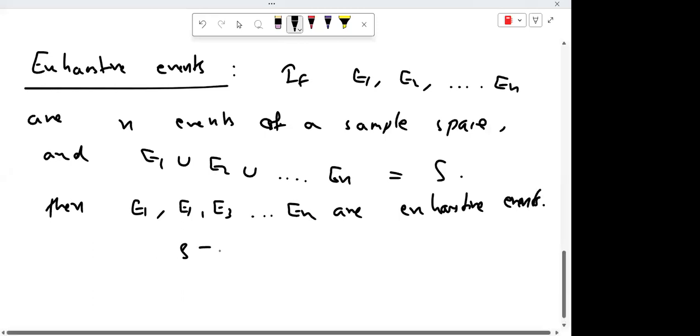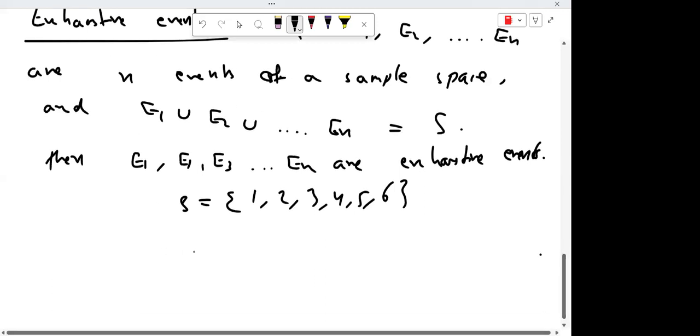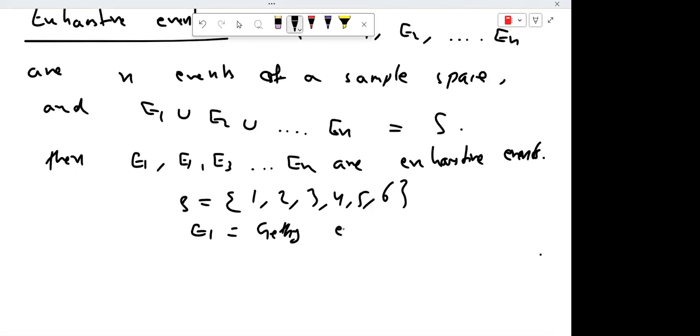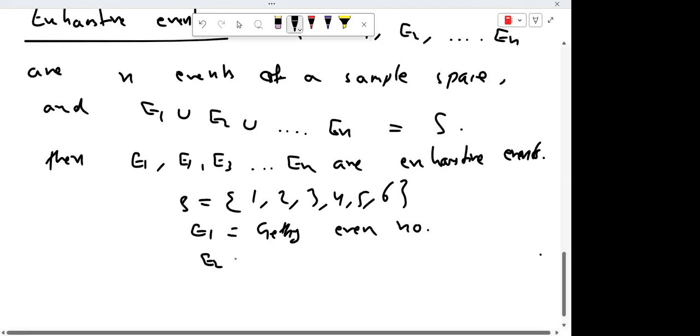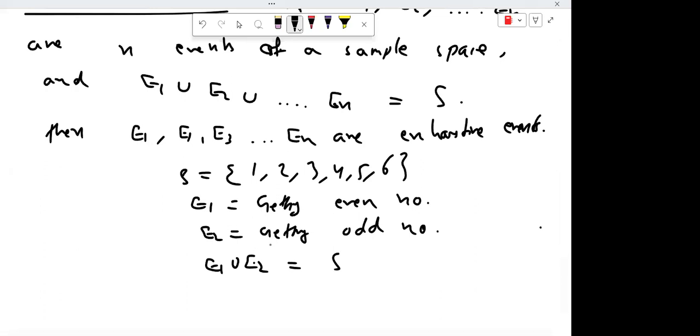For example, we throw a dice and we get 1, 2, 3, 4, 5, 6. E1 is getting an even number, E2 is getting an odd number. We can see that E1 union E2 is the sample space, so they are exhaustive events.